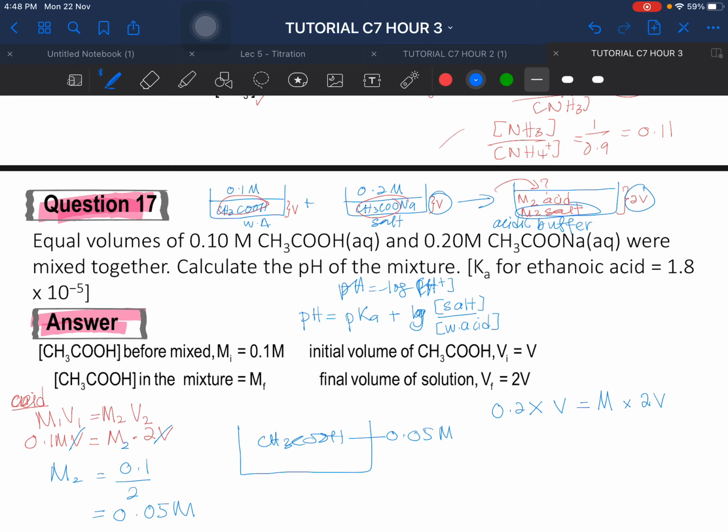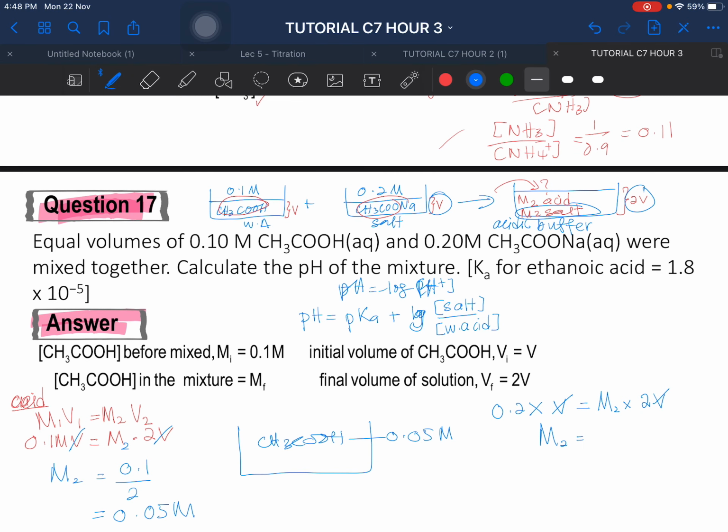V cancels with V. M2 after mixing is 0.2 divided by 2, equal to 0.1 molar. That means the salt concentration is 0.1 molar.